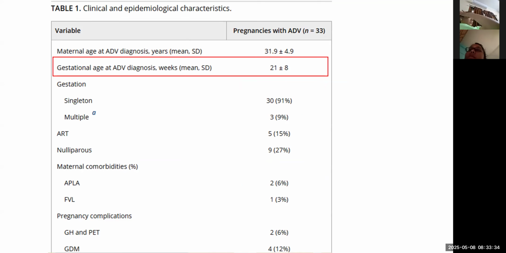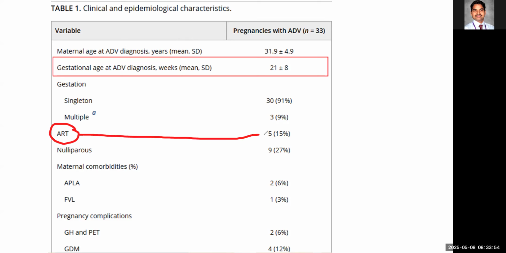Hold on. Let's go here. Anything important that can interfere with our interpretation of ADV? This one, ART, about 15%.